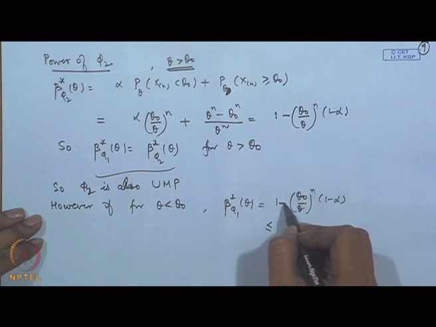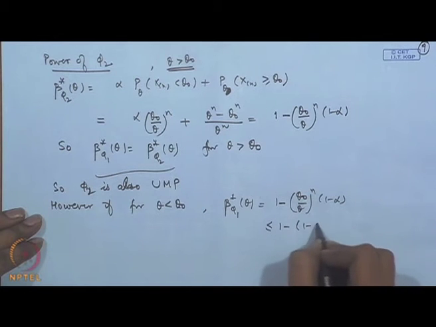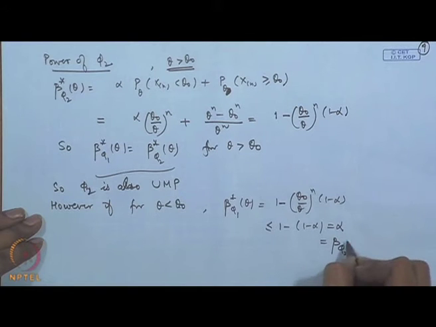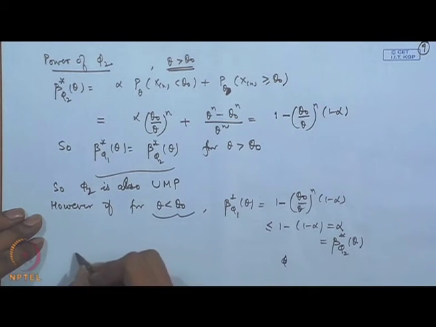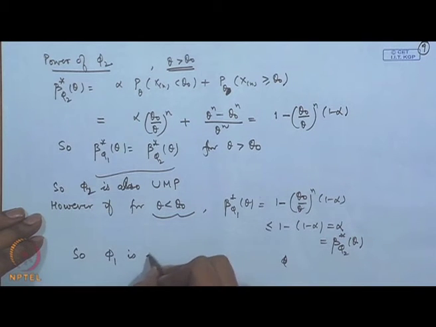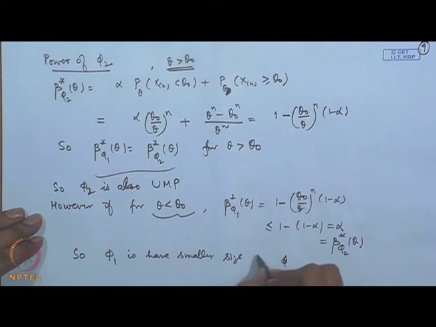So, if I take minus here, this will be less. So, this is less than or equal to 1 minus 1 minus alpha, that is equal to alpha, that is beta phi 2 star theta for theta less than theta naught. So, phi 1 is having a smaller size for theta less than theta naught.